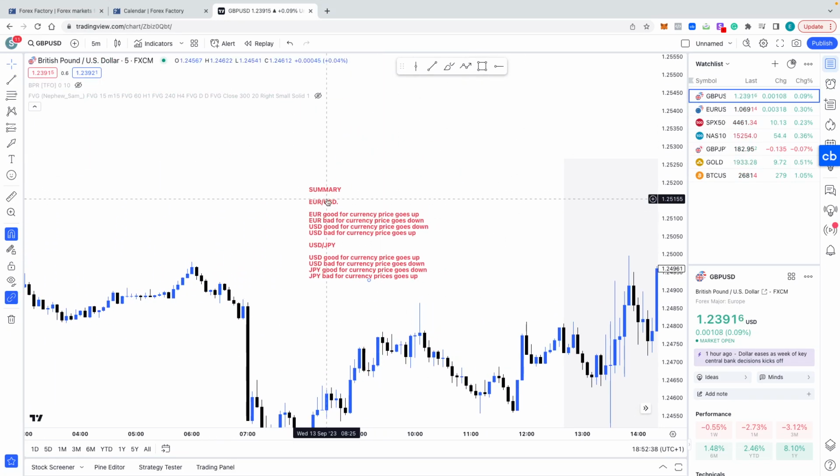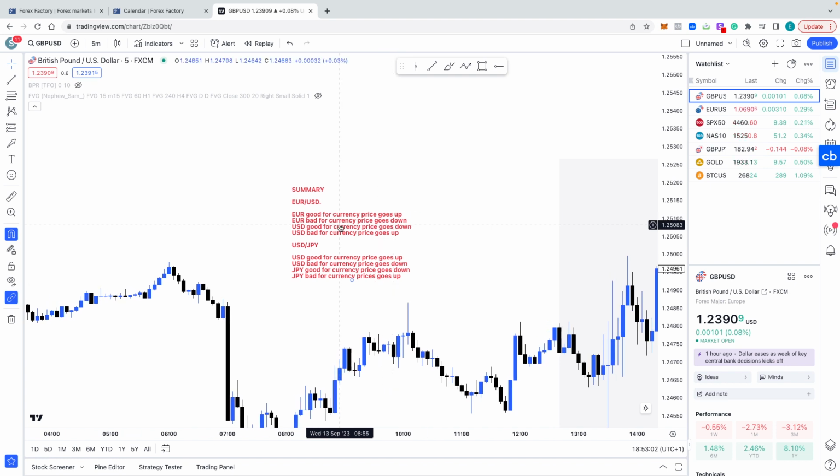So if we've got the euro against the USD, anything good for the euro and the price of the pair goes up. Anything bad for the euro and the price for the currency pair goes down. Anything good for the dollar and the price of the pair goes down. Anything bad for the dollar and the price of the pair goes up. I hope that makes sense.